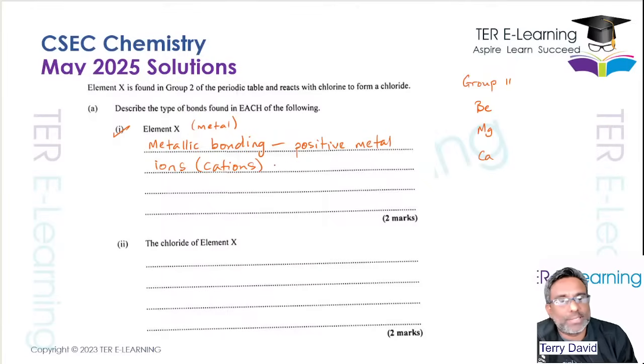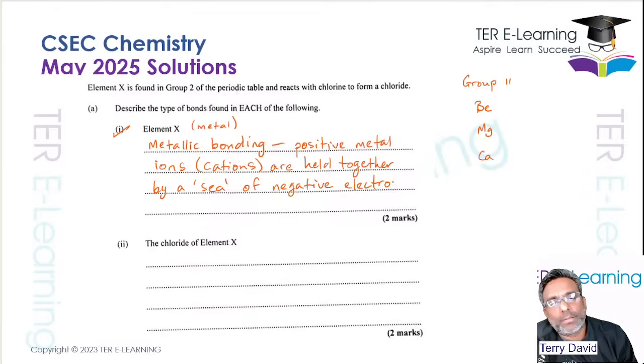Positive metal ions are held together by a sea, you can put this in quotes, by a sea of negative electrons. So that's all you have to say here regarding metallic bonding. So that is for element X. Element X belongs to group 2, so it is metallic bonding.